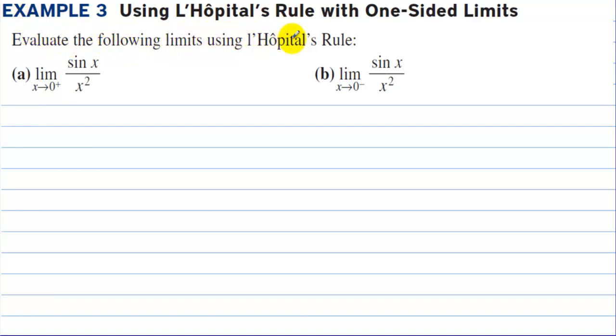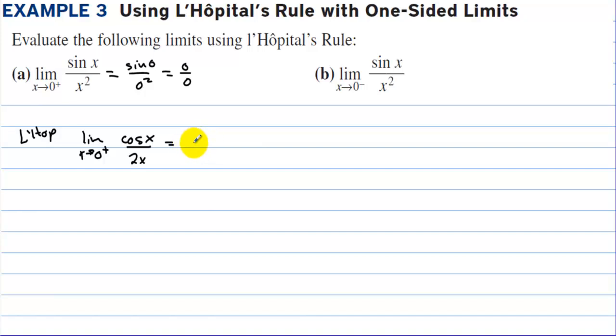Evaluate the following limits using L'Hopital's rule. We have the limit as x approaches 0 from the right of sine of x over x squared. If we plug 0 into this, we get sine of 0 over 0 squared, which is 0 over 0. That's an indeterminate form. We can do L'Hopital's rule, and we have limit as x approaches 0 from the right of cosine of x over 2x.